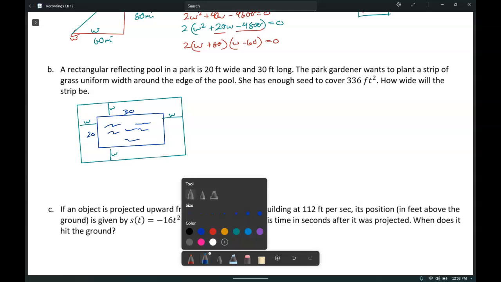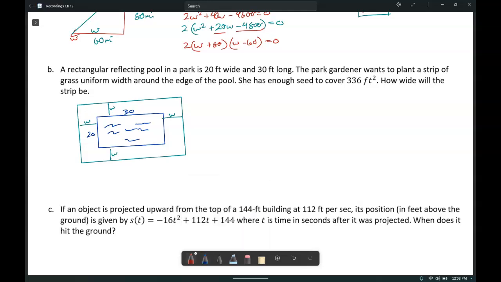So conceptually with this type of problem, what we're looking at is we have two rectangles. We have the large rectangle, we have the pool rectangle, and then if we go ahead and we subtract those from each other, we get the area of the strip of grass.